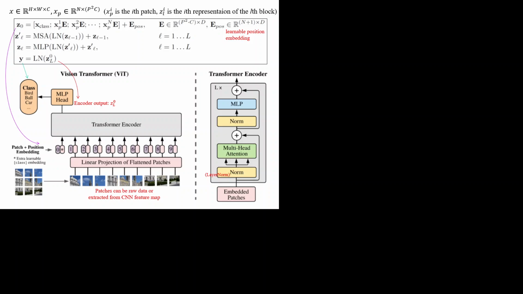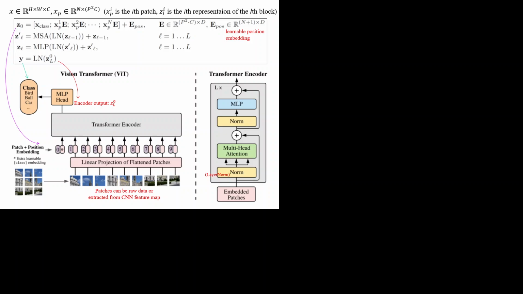Then again you do the layer normalization, and the next is the MLP, multi-layer perceptron, plus your residual. And you just repeat this process L times.